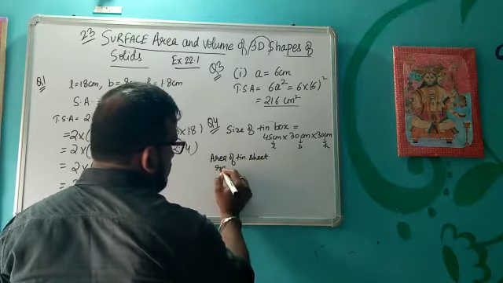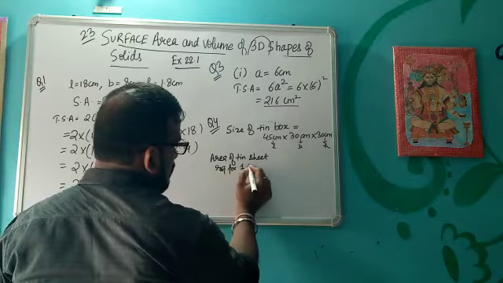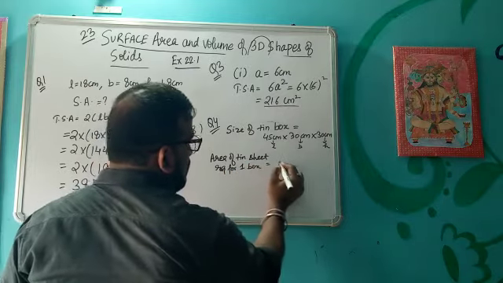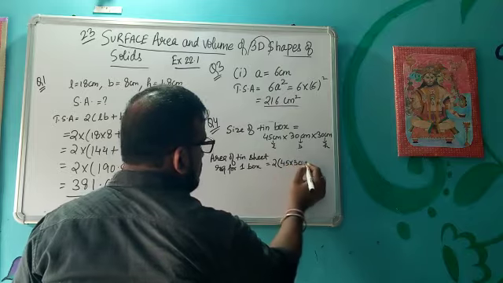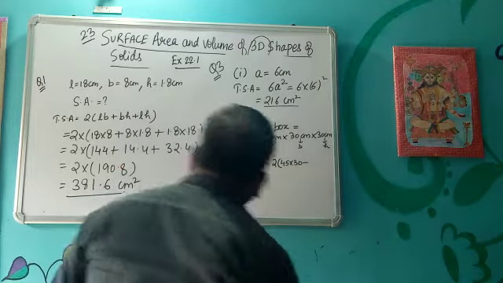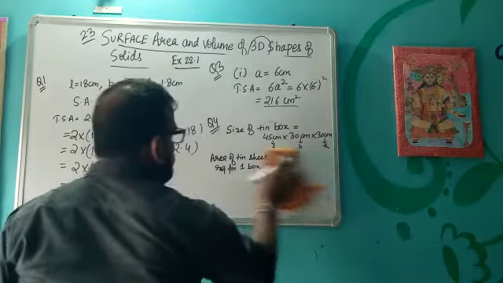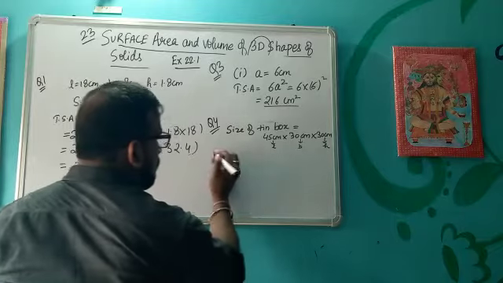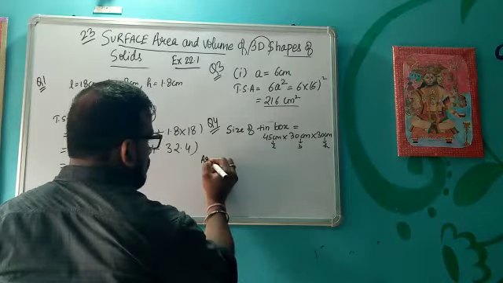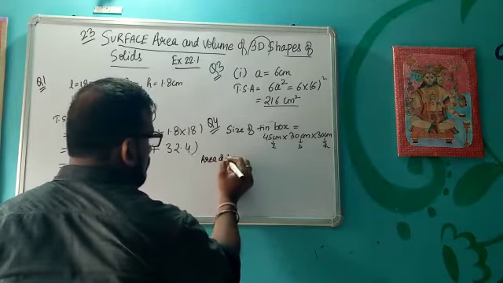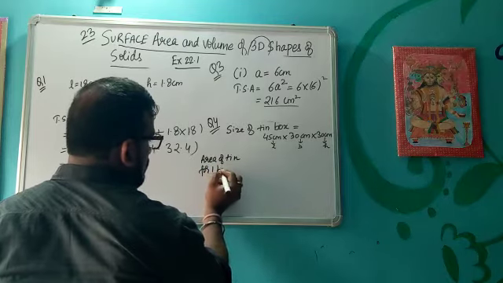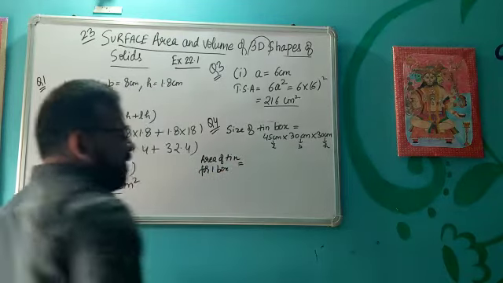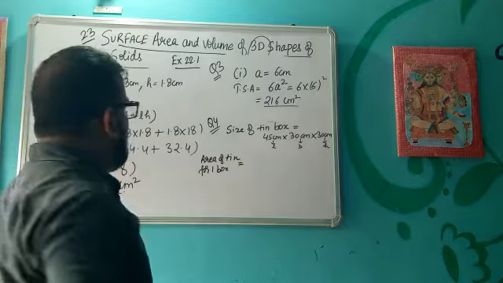required for one box. Same formula we will use: 2 into LB plus BH plus LH.